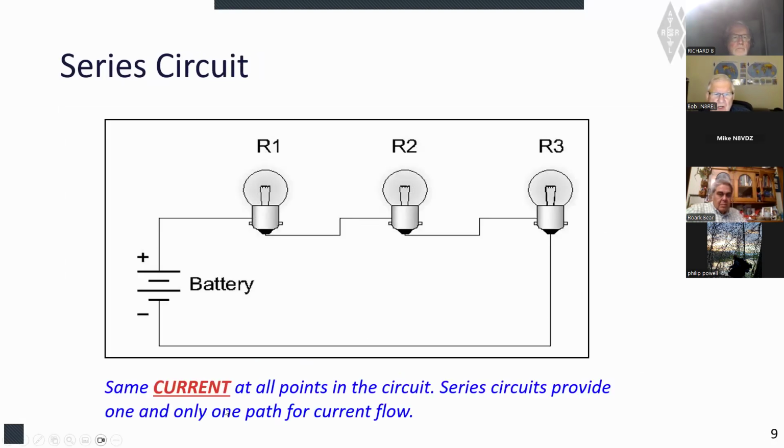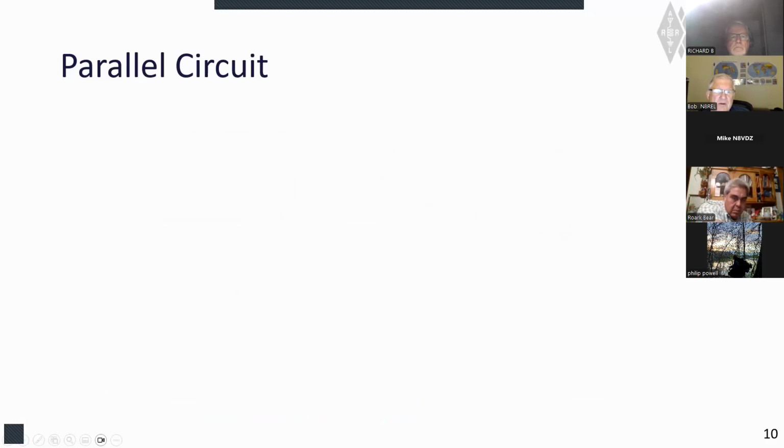In a series circuit, it's the current, or the amperage, that's the same in all the components and all the light bulbs. So if the battery is putting out 6 amps, then each of these bulbs will have 6 amps going through it.